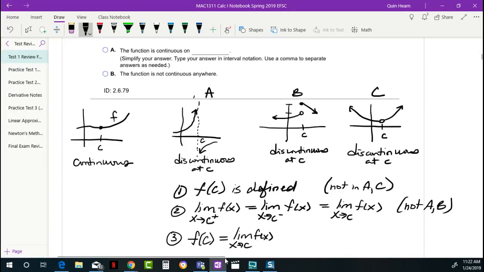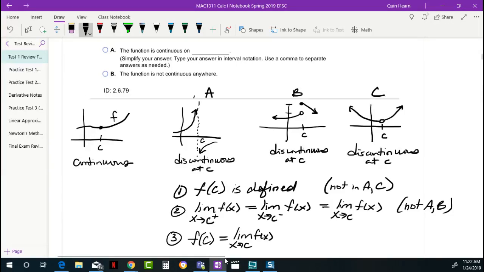Now, to be continuous on an interval, the function has to be continuous at every point on the interval. And when we're asked where certain functions are continuous, there's a limit to how much analysis we can do, right?